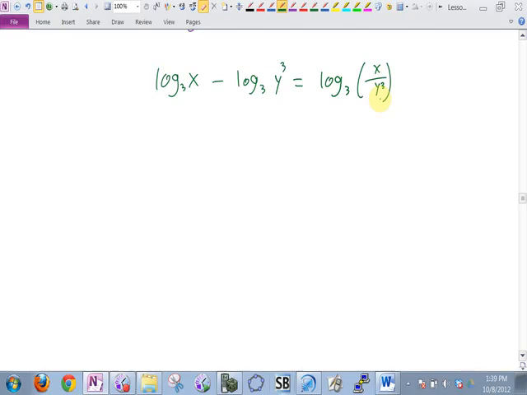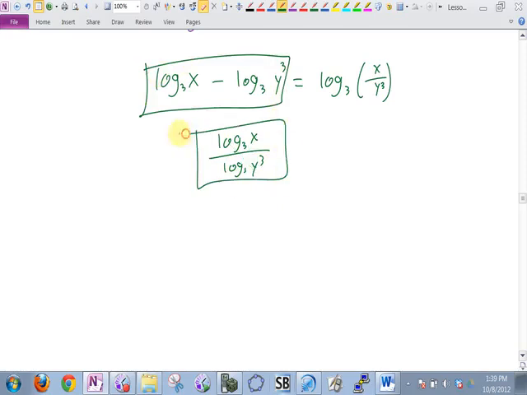Right? I see a lot of students write that as log base 3 of x over the log base 3 of y cubed. Okay? That is not how the rule works. If that were the case, then 9 minus 2 is the same thing as 9 divided by 2. And last I checked, I don't think it is. Okay? So just be careful.